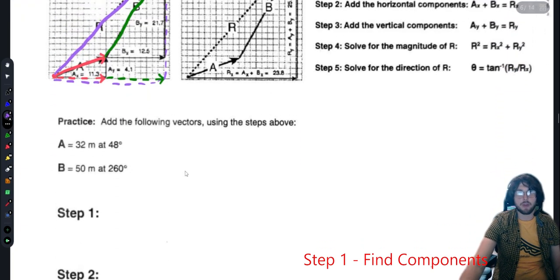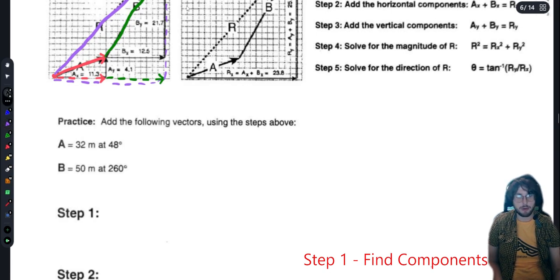So down here, we have two vectors, A and B, that are not at all related to the ones in the pictures above. So don't let that confuse you. So vector A is the one I'm going to focus on, and then I'll use vector B as a way for you to practice what I just did in the video. So vector A has a magnitude of 32 meters at an angle or a heading of 48 degrees.